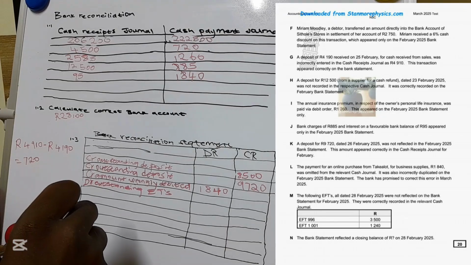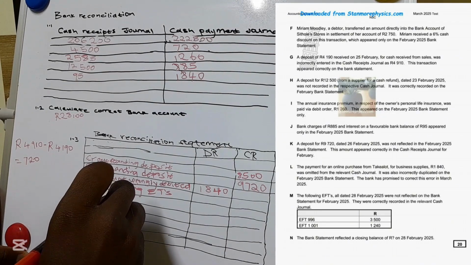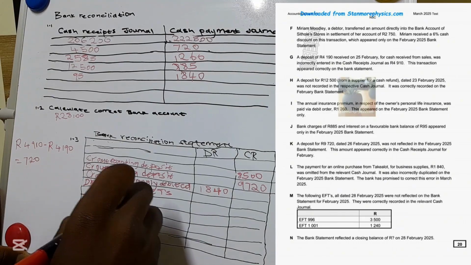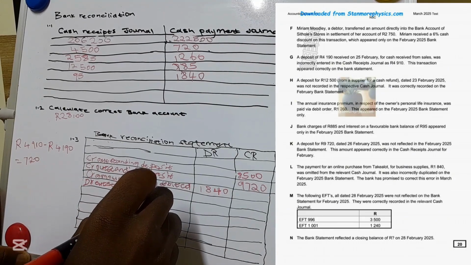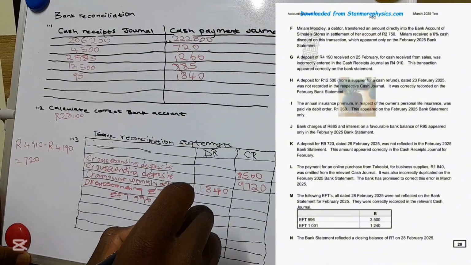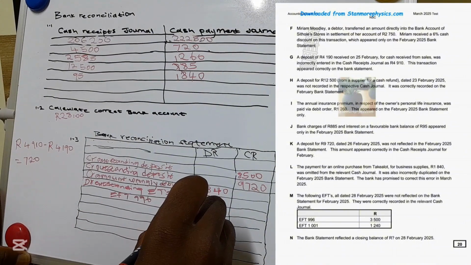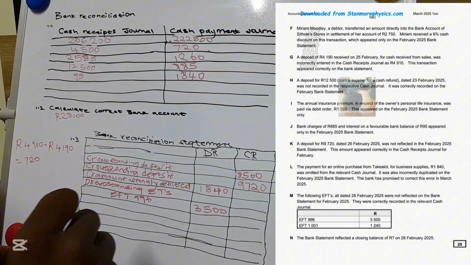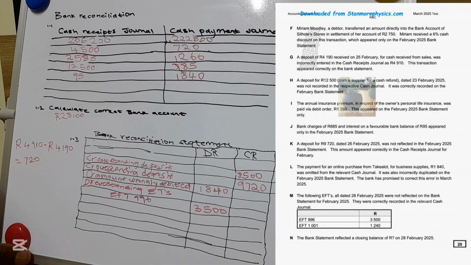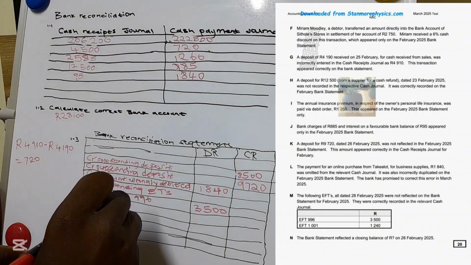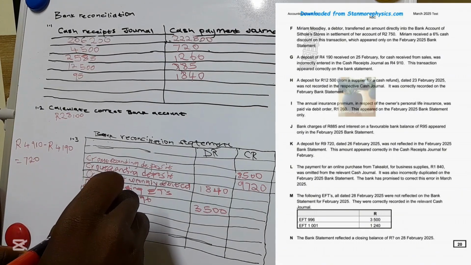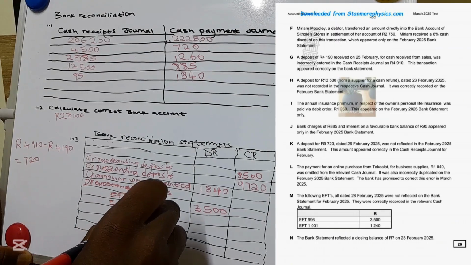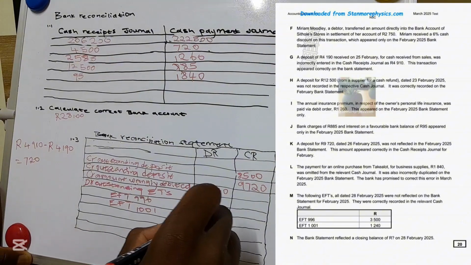So we have EFT number 996, which is how much? 3,500. Then again we have EFT number 1001, which is how much?